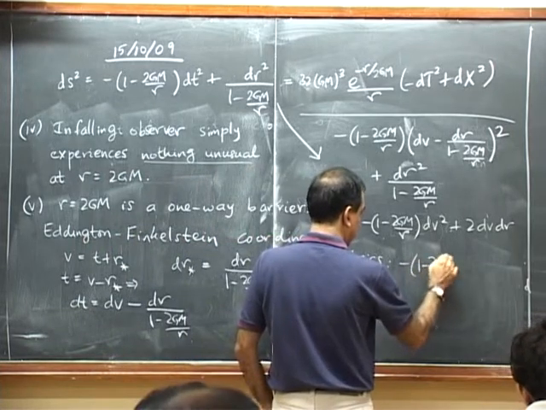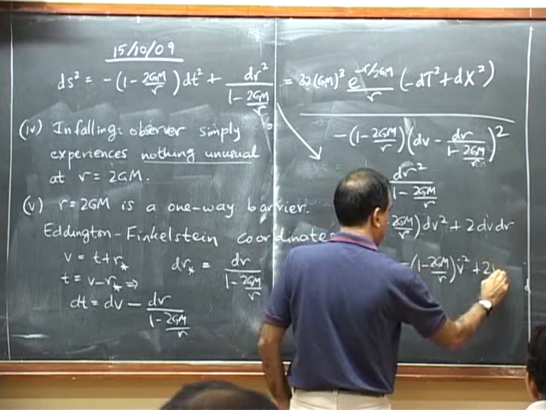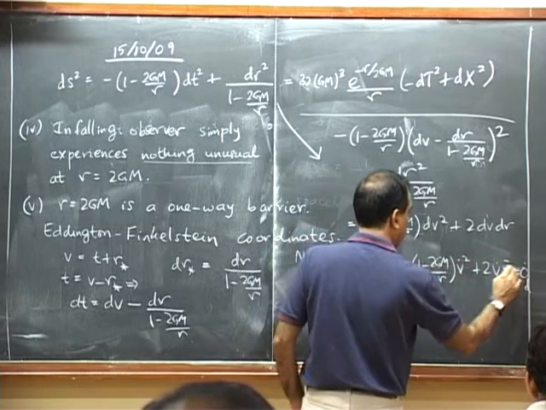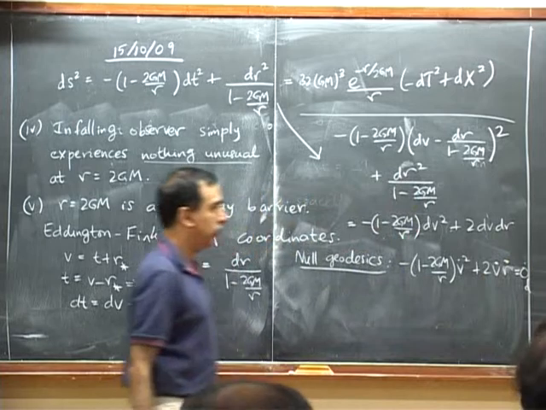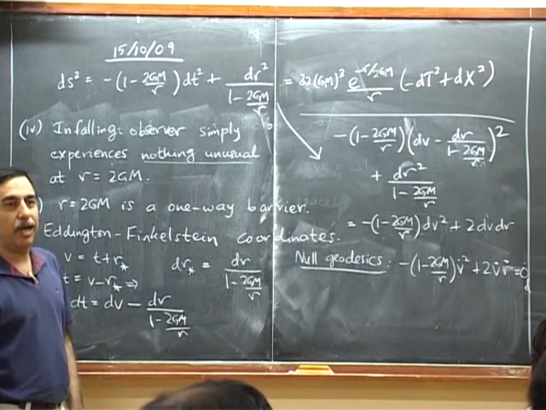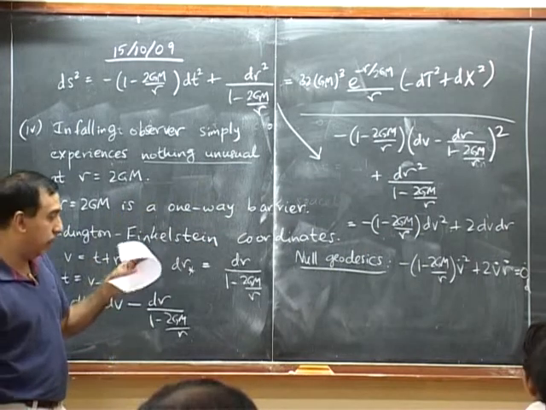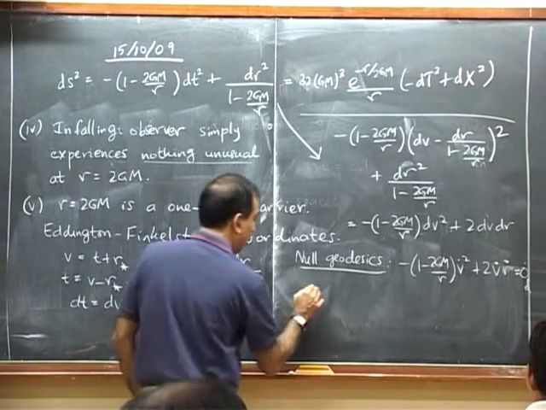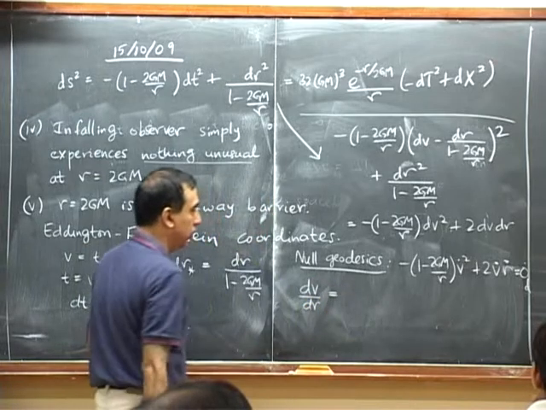So it's minus v dot squared plus 2 v dot r dot equals 0, where dot is with respect to the proper time tau. But we are typically interested in dt by dr, where t is the time. Now the time is v in this metric. So we are interested in dv by dr.